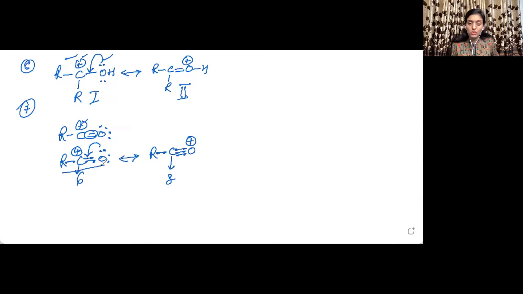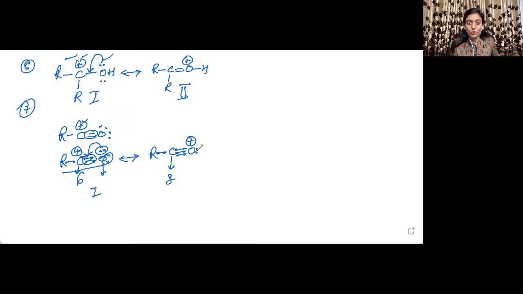Now come to oxygen. How many electrons are there on oxygen in structure number 1? 1, 2, 3, 4, 5, 6, 7, and 8. It is having 8 electrons: 4 from this double bond, then 2 lone pairs. Here also oxygen is having 8 electrons because this lone pair is also there.